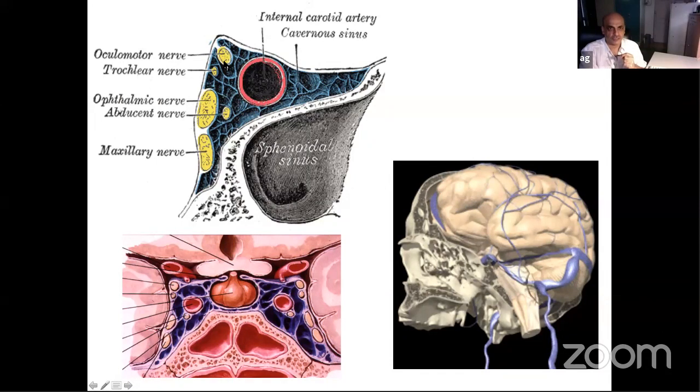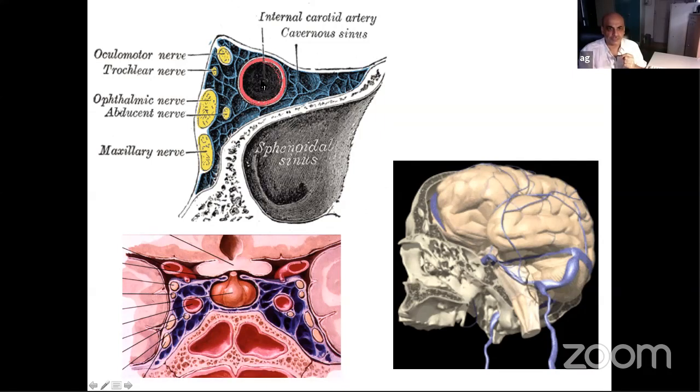This is the third nerve, this is the fourth nerve, this is the V1 division of the trigeminal nerve, this is the V2 division of the trigeminal nerve, and the V3 division is outside the confines of the cavernous sinus.